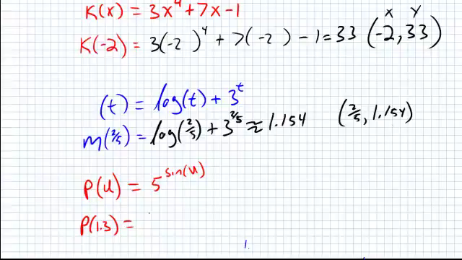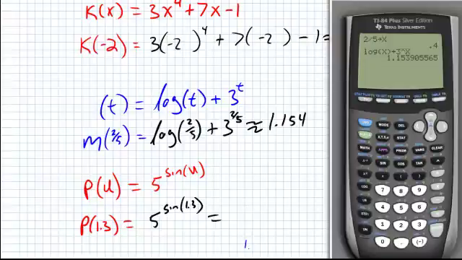And my last one, this one's a tricky one. It's going to be 5 raised to the sine of 1.3. I don't have to use my store function. This one's pretty straightforward. So it's 5 raised to the sine of 1.3.